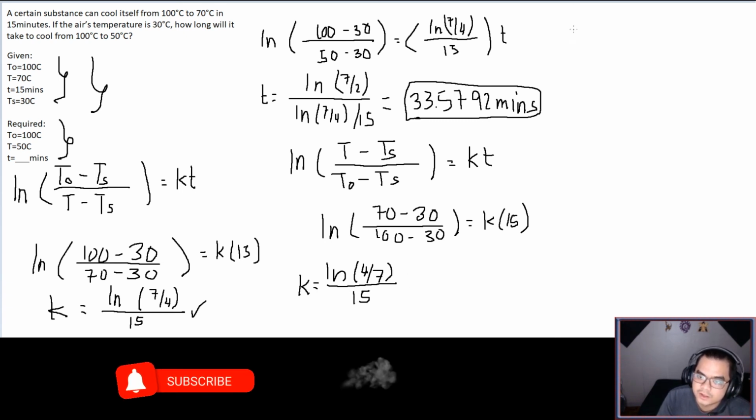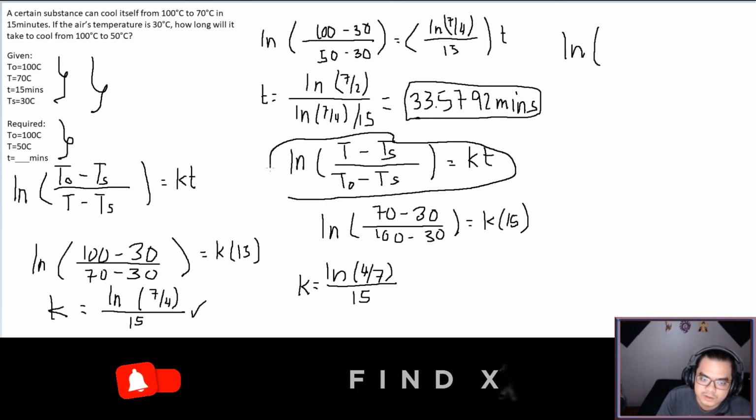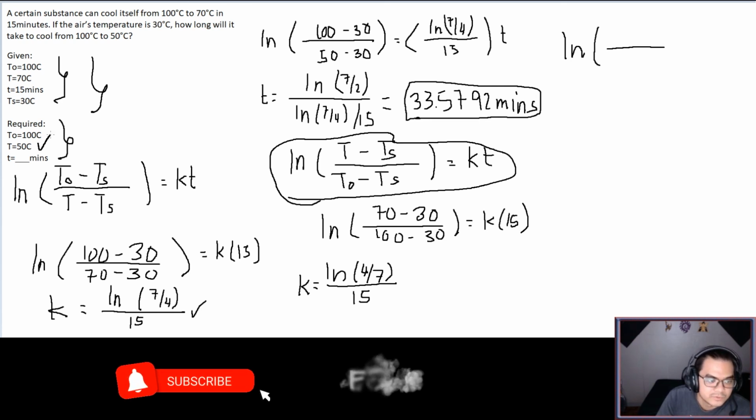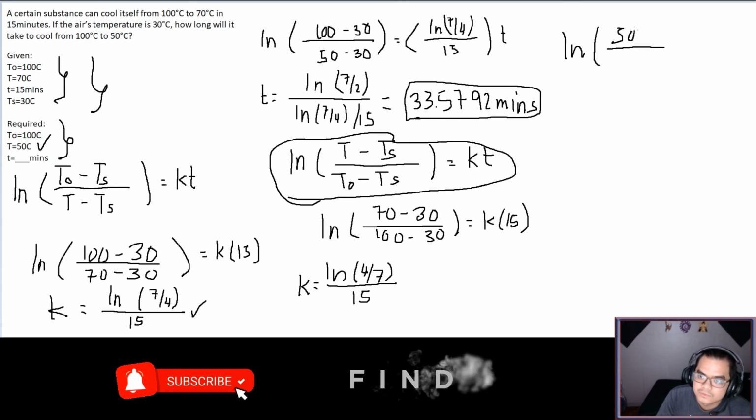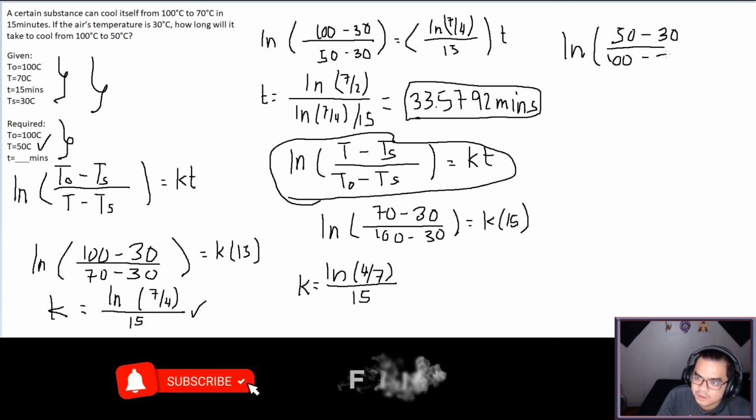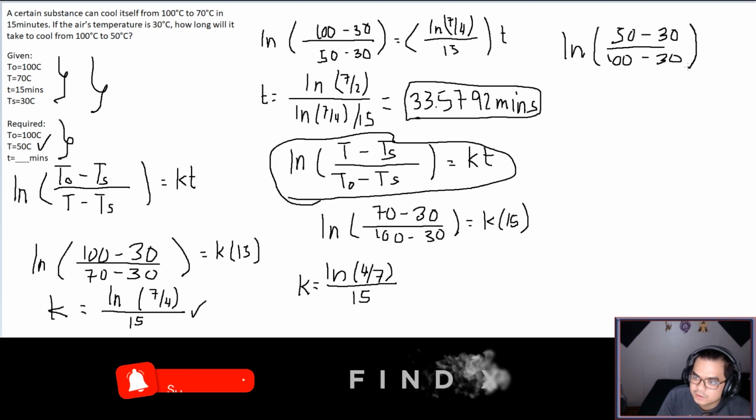And then applying the second condition, that's ln times, remember that we are using this formula, your final must be 50 and the surrounding temperature is 30, and then you'll have the initial, which is 100, minus 30. This is equal to the value of k times t.